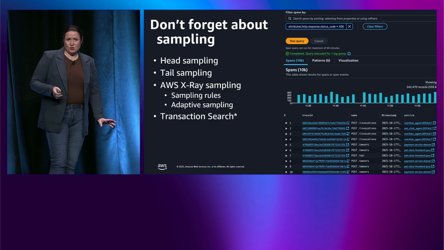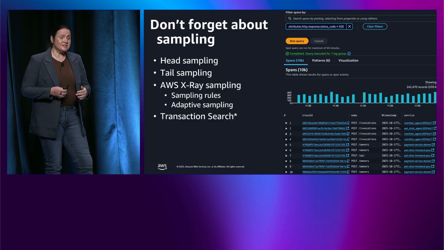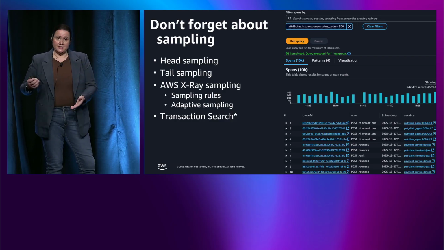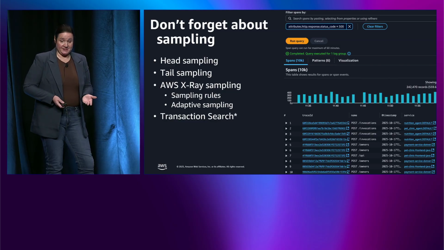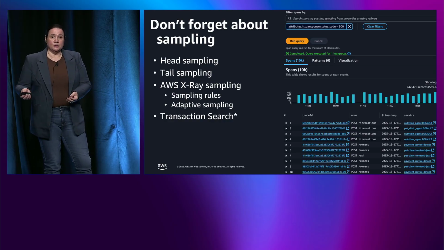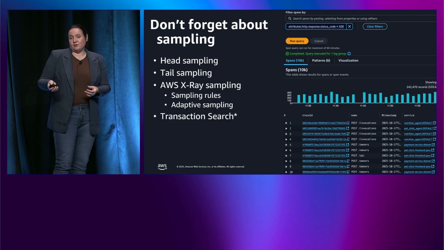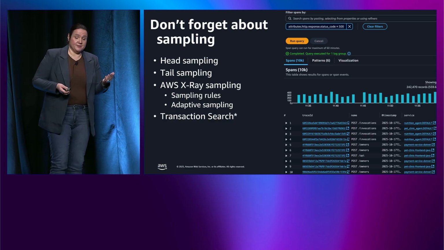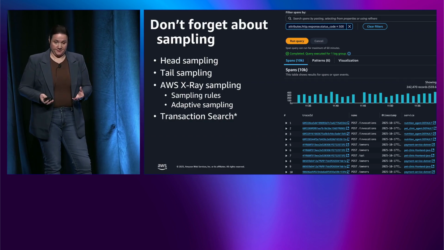Now, this next one is not actually sampling, but just another way that you can choose to analyze 100% of your span data. So what you can do is you can configure transaction search. But then you can also choose to maybe index some of those traces in X-ray, 1%, 10%, whatever you need.